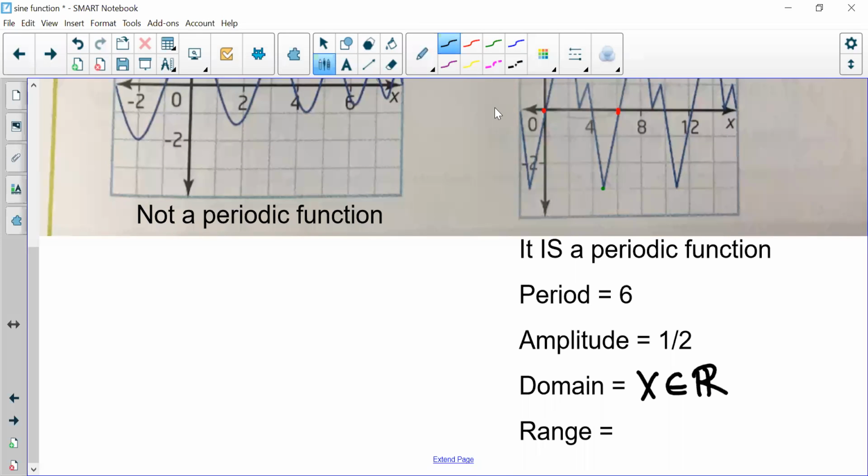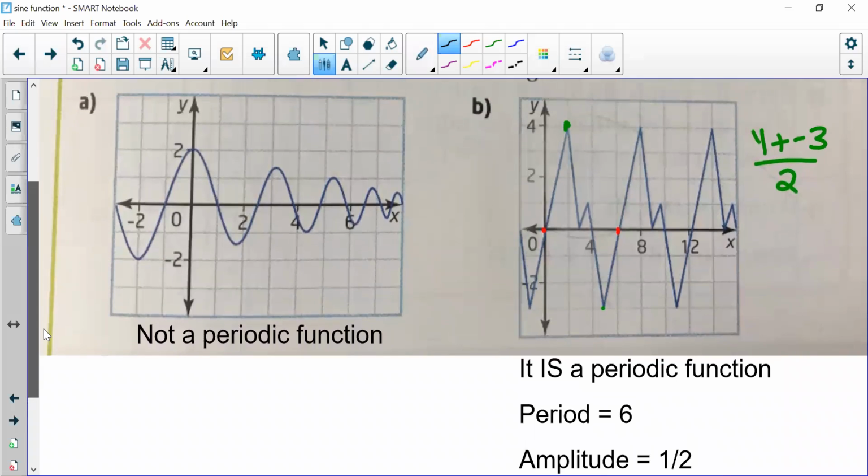Okay. What does range stand for? The real values y can have. Yep. And are there limitations on the highest and the lowest value of y for this one? Yes.